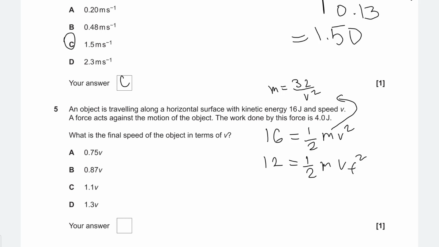Now let's plug that into here. What we're going to get is that 12 is equal to a half times the mass, which is 32 over v squared, where v is the initial speed, times the final speed squared.